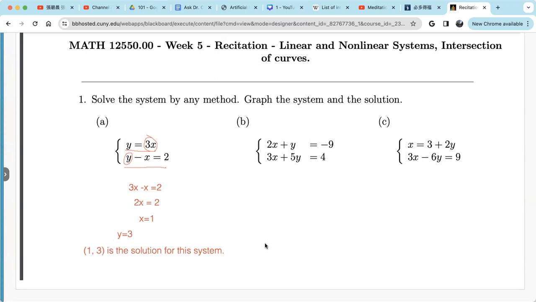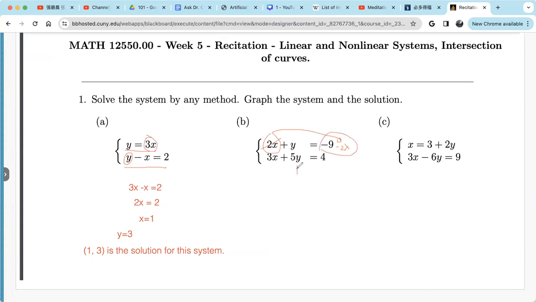Well, let's see B. For B, if we want, we can do the same thing, right? For the first equation, we can move 2x to the other side. That becomes minus 2x, or we subtract 2x on both sides. So this becomes 0. So then y equals -9 minus 2x, or -2x minus 9.